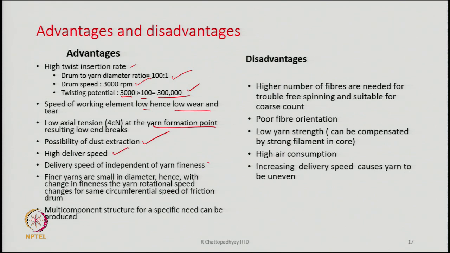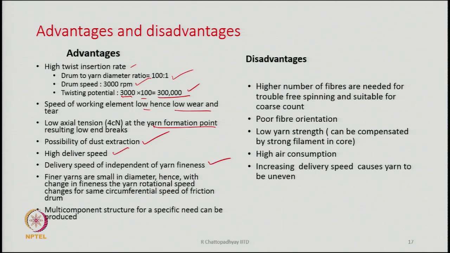Delivery speed is independent of yarn fineness or yarn count, because if the count becomes finer, the rotational speed of the yarn will increase automatically, and therefore, the twist will be maintained. You need not adjust twist.